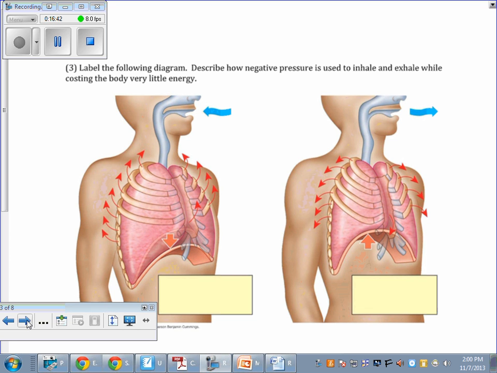So, first of all, let's clear up any myths that may still be out there. Your lungs, two of them, reside in your thoracic chest cavity. Like everything else in your body, it's double wrapped. It's got a visceral pleural membrane which tightly adheres around the lungs.